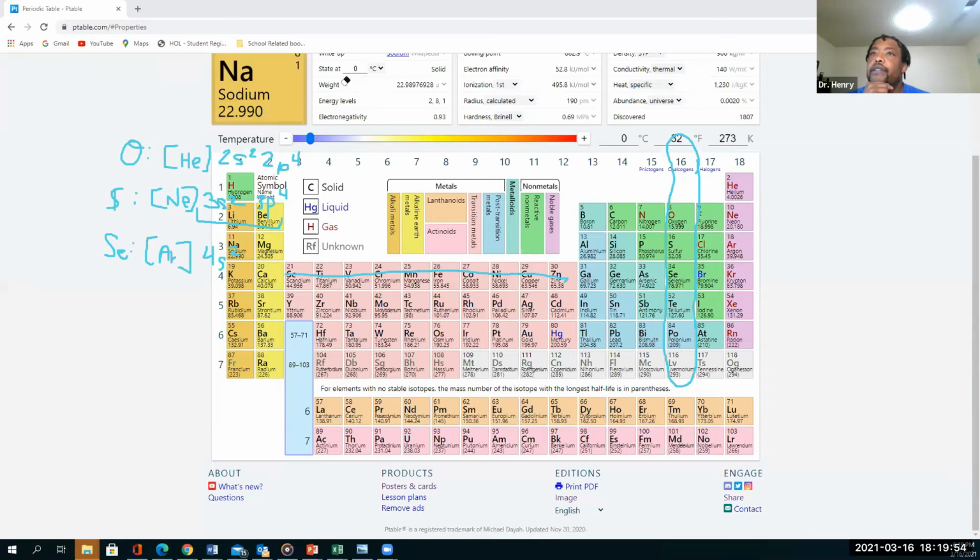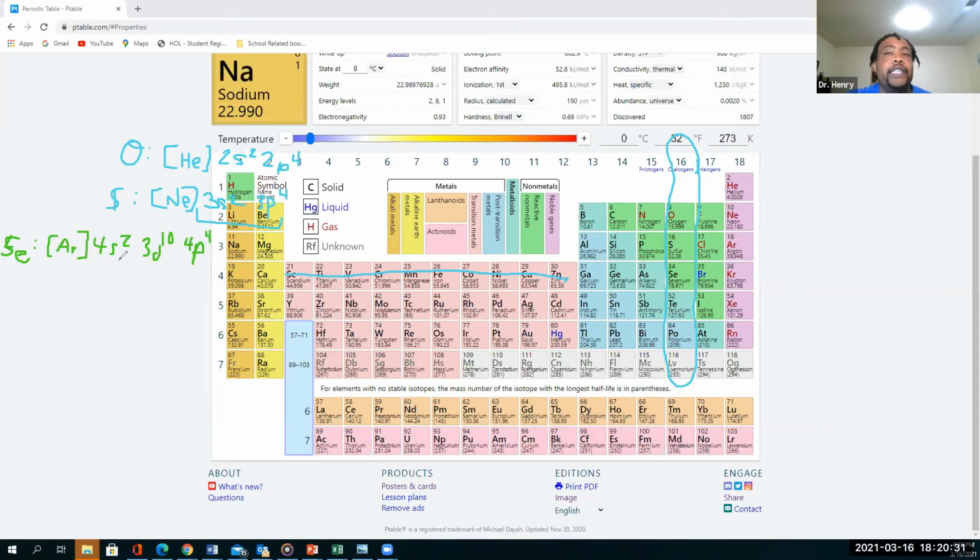Let me put this in an area that you guys can see. Okay, so it's argon, 4s2, 3d10, and 4p4.